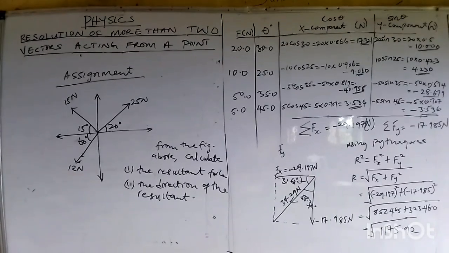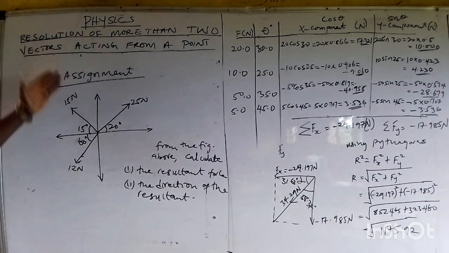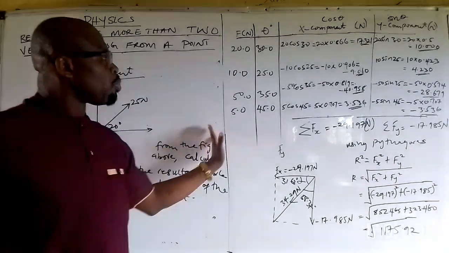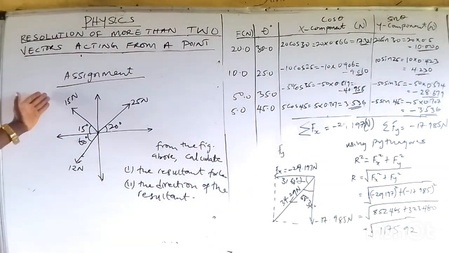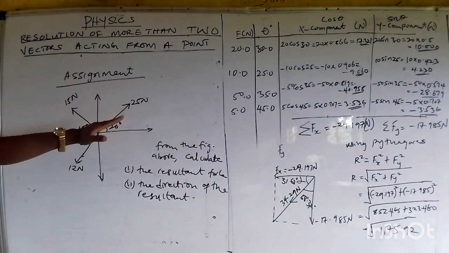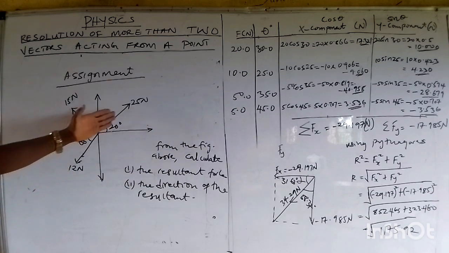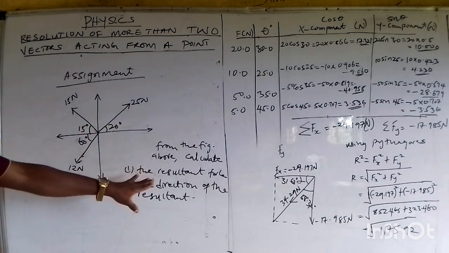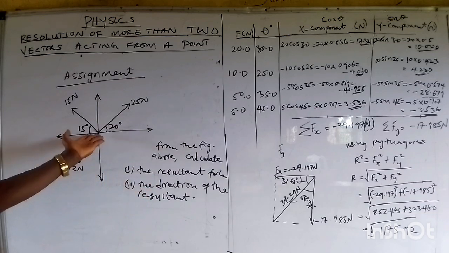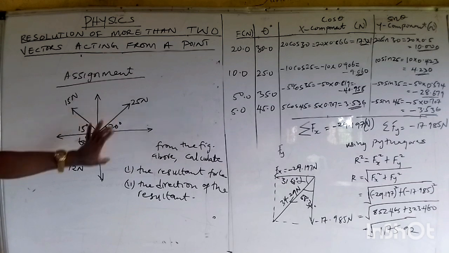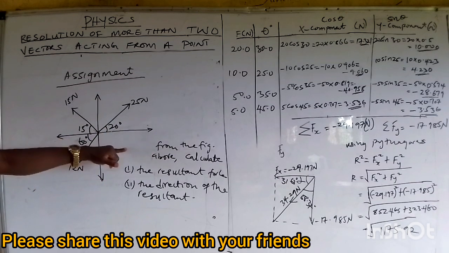Now we have, this is the assignment you will help me do. The same procedure we did. Now we have 25 N, 15 N, 12 N against their corresponding angles. We are asked to calculate the resultant force and the direction of the resultant. And remember, if you look very well, you will discover that no fourth force is given here.